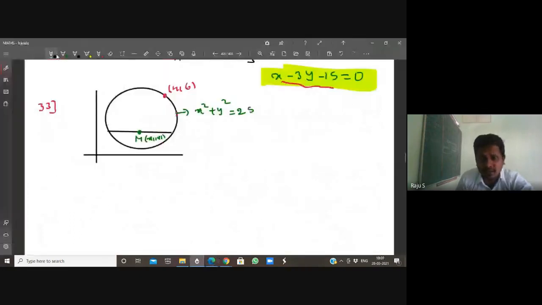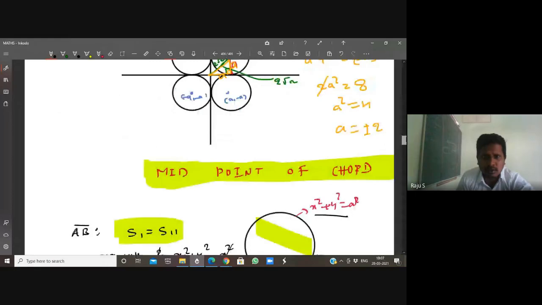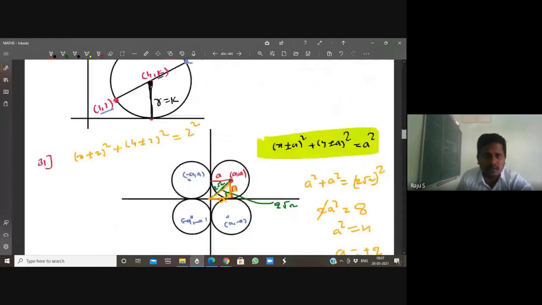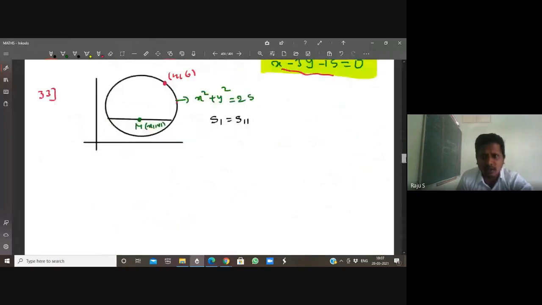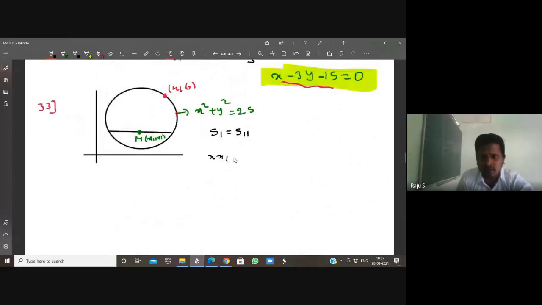I said that for the chord whose midpoint (x1, y1) is given, S1 is equal to S double one. We got the equation just now: x1 times x plus y1 times y minus x1 square like that, so x1 x plus y1 y is equal to x1 square plus y1 square. The radius gets cancelled. Here x1, y1 is the midpoint of the chord, so we need to find the equation in terms of x1, y1 because the locus of the midpoint is asked.